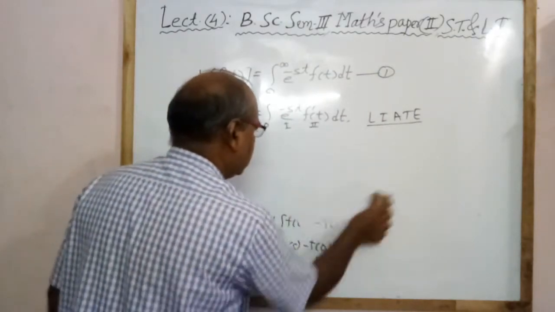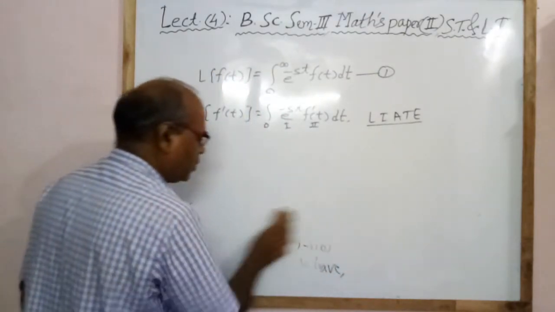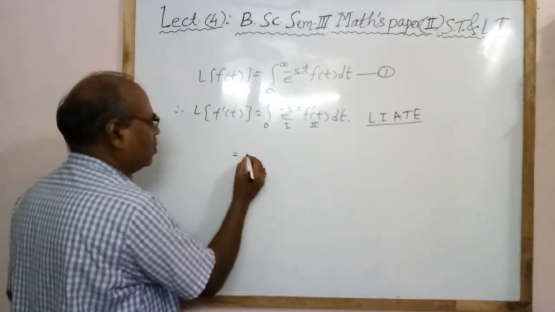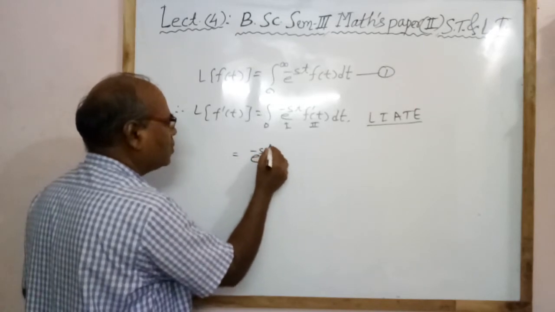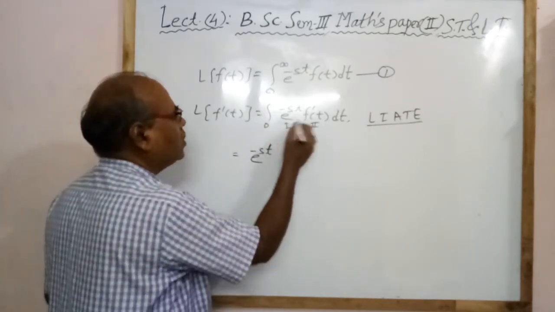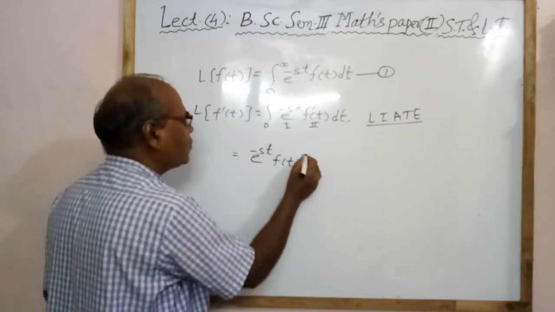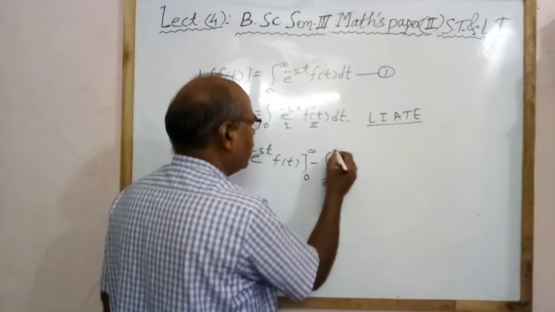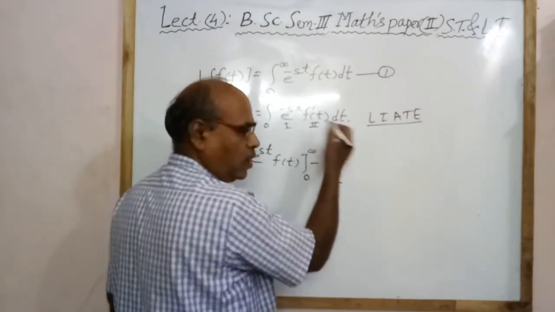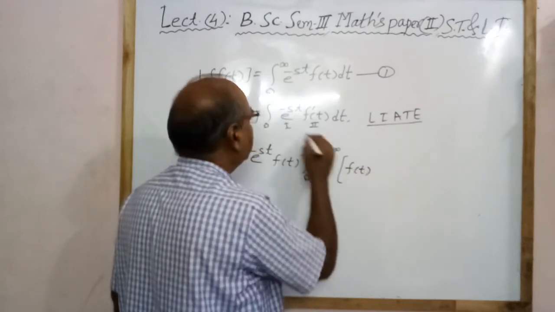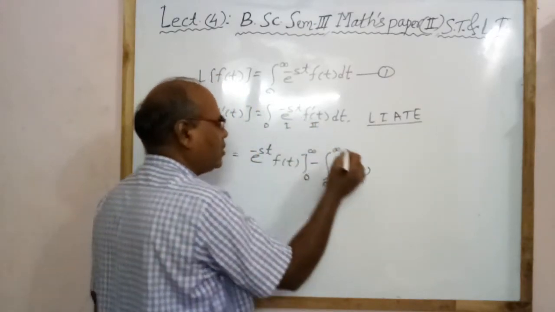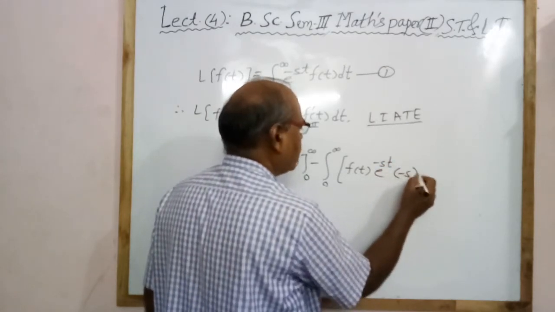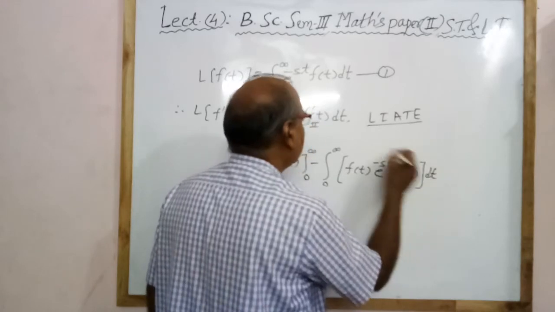Using the formula for integration by parts, we get first function e to the power minus st into integration of second, which gives the original function f of t, with limits from 0 to infinity, minus integration of the second function, f of t, into the derivative of the first function with respect to t, derivative of e to the power minus st, which is e to the power minus st into minus s.